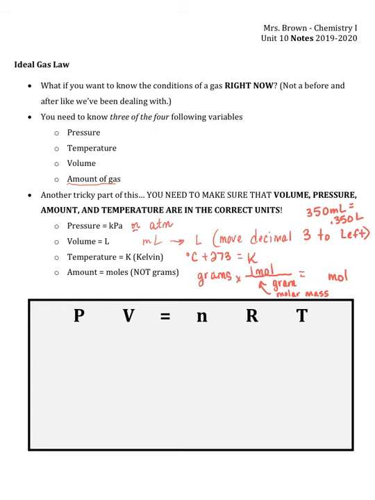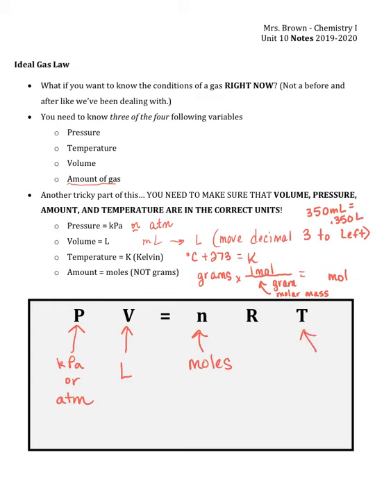All right, so the ideal gas law is PV equals nRT. So let's restate this. P has to be in kPa or atmospheres. Volume has to be in liters. N has to be in moles.